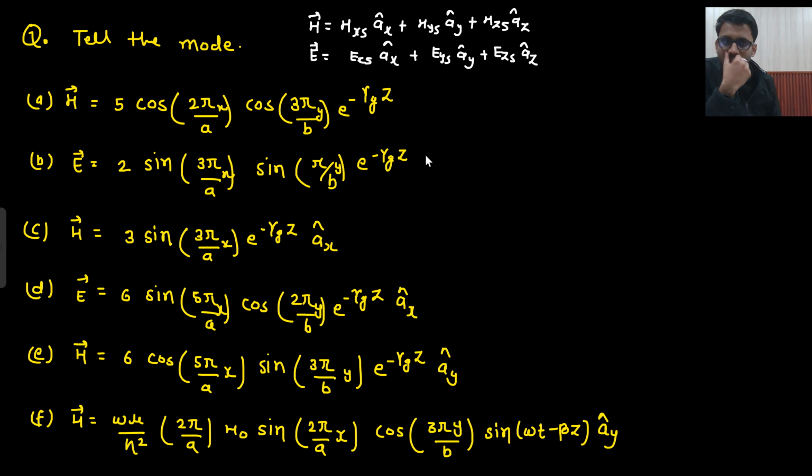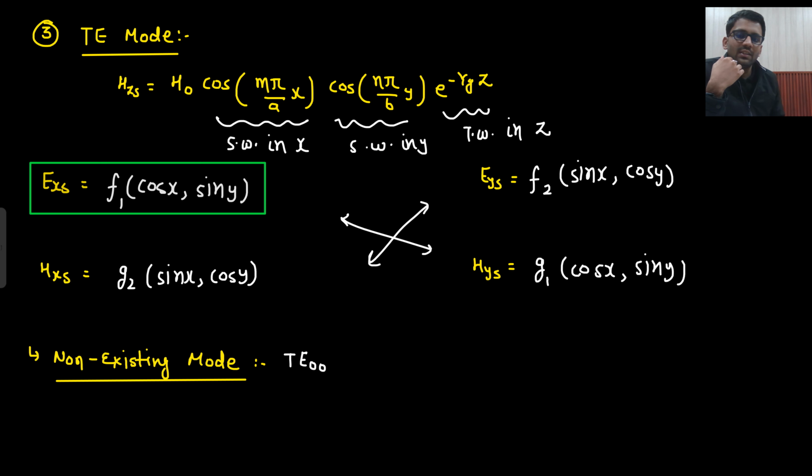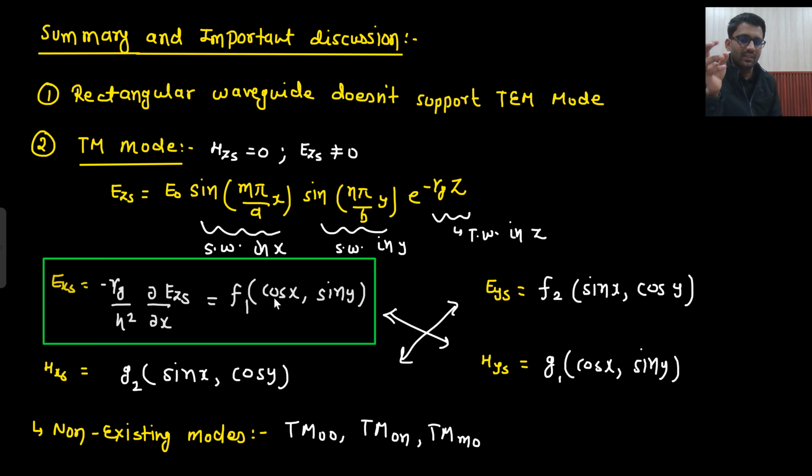Still I can tell that it is hzs only. Why is that so? Because what I can see is cos cos. All these others are cos sin, sin cos, sin cos, cos sin, and one is a function of sin sin.